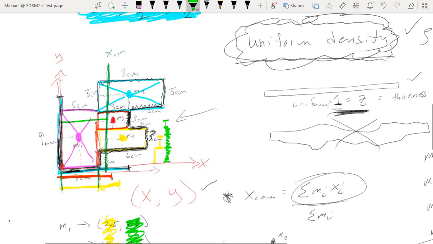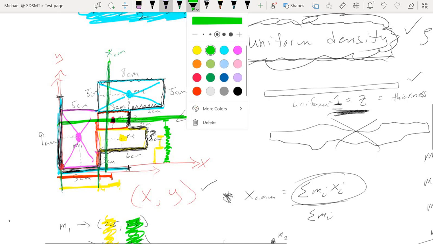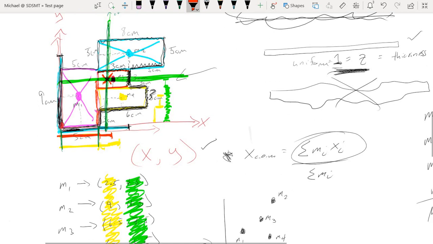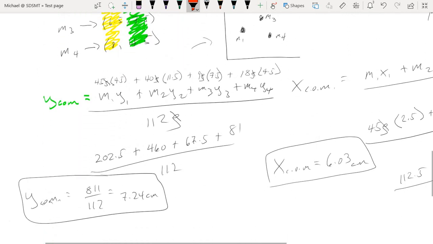So right about there is where our y component is. Right here is where our x component is. And I'll put a nice big red X right there. So it's almost in the same place as where the center of mass for mass 3 is located. But now we have exact values.